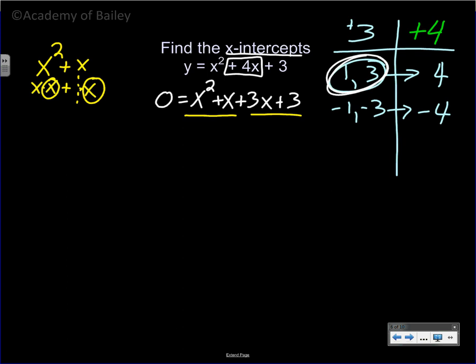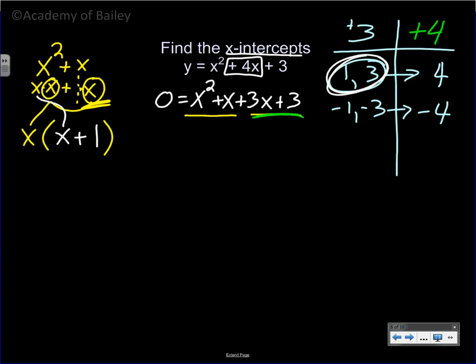And with that x in common, we pull it outside, and inside we're left with x plus 1. Don't forget, if you pull this x outside, there's still the invisible 1 in front of it, and that's the number that goes into the parentheses.